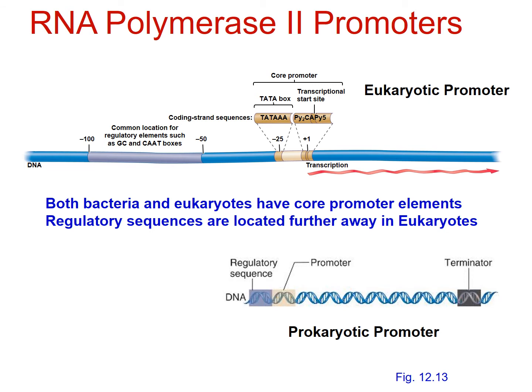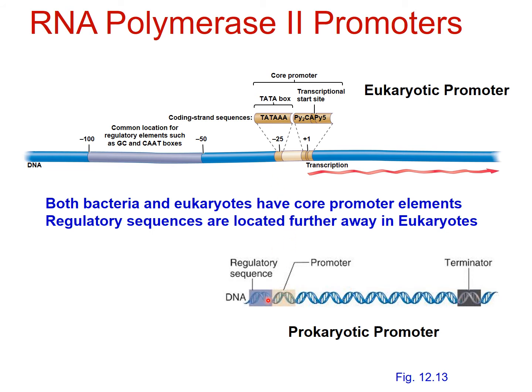So for comparison, here is a schematic of our 2 promoters. On top is the eukaryotic promoter, and down here we have the prokaryotic promoter, which I've shown you before. They have similarities in that there are promoter regions. This is where RNA polymerase is going to associate with the DNA to start transcription, and we have a promoter region that we talked about in bacterial cells.